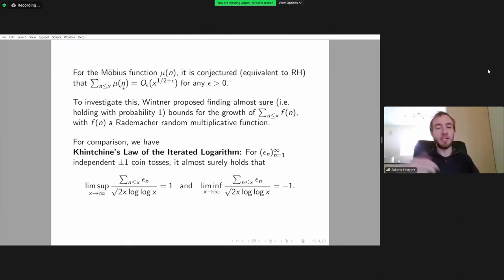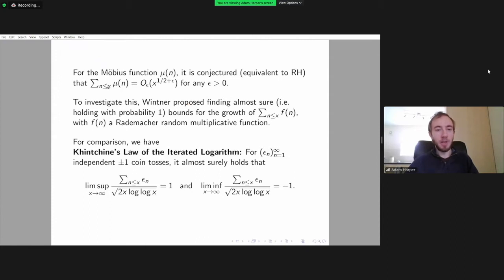There should be a lot of cancellation between the plus and minus 1 signs. So it's conjectured that this sum should be of size big O of x to the half plus epsilon for any fixed positive epsilon. And the truth of this conjecture is equivalent to the Riemann hypothesis.